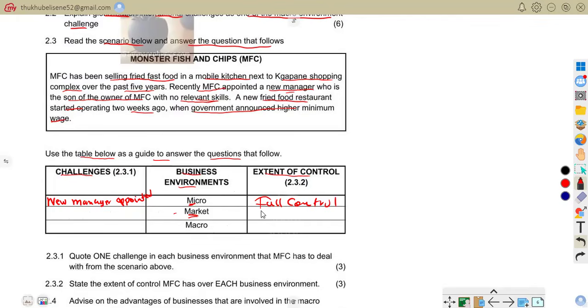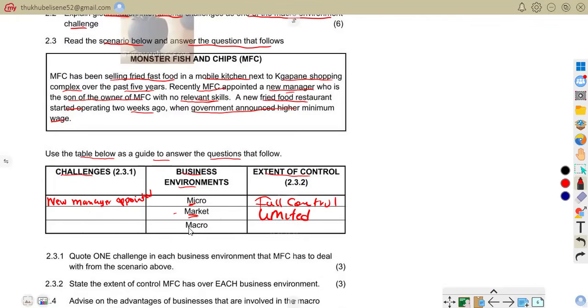The extent of control is limited or partial. It means the business has limited or partial control. All they can do is influence. The new fried food restaurant opening nearby, the competitor, is the challenge.